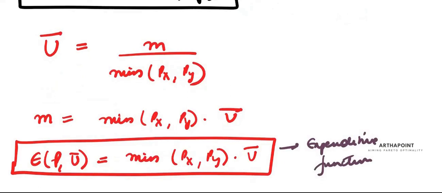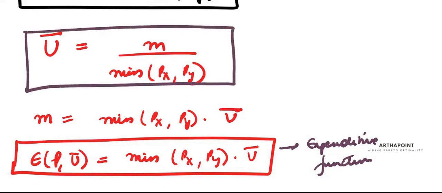Please think about this once. Is there any doubt that you want to clarify? This is very, very important, because from here, I'm just going to build upon this. This is going to act as a base for me. So you have to understand how I derive this indirect utility function for substitute goods, and then I have just rewritten it to find the expenditure function.